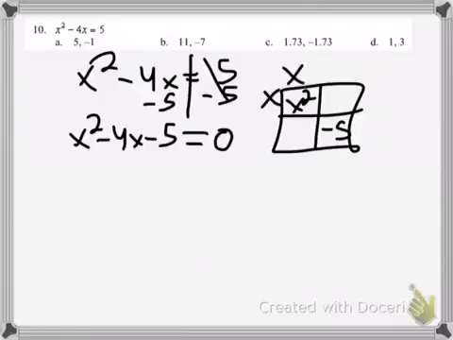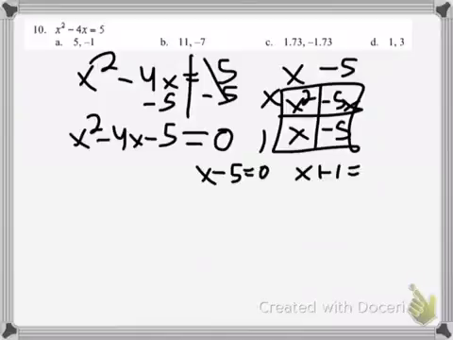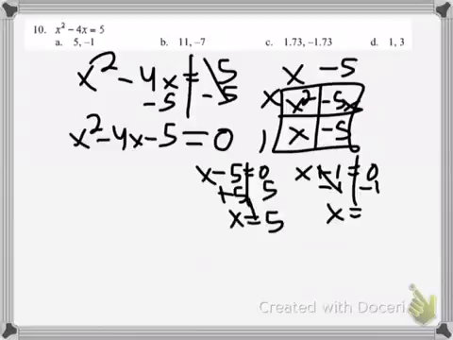X times x, and then 5 times 1, negative 5, so negative 5x and x would give me negative 4. So x minus 5 equals 0, and x plus 1 equals 0. Subtract 1, add 5, x equals 5, and x equals negative 1.